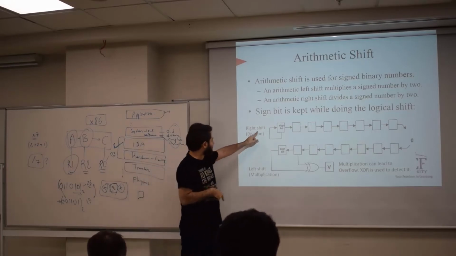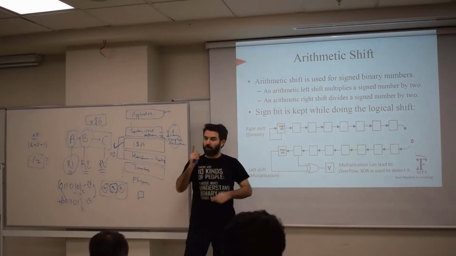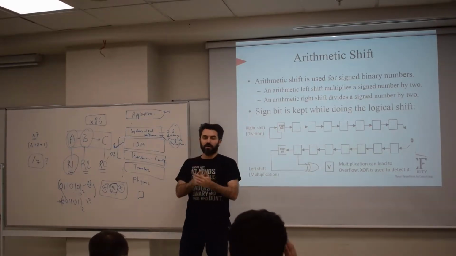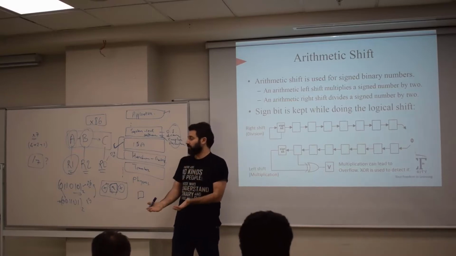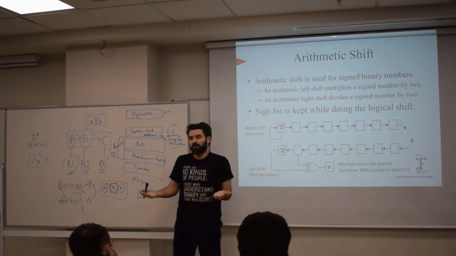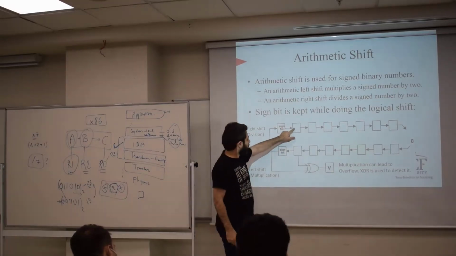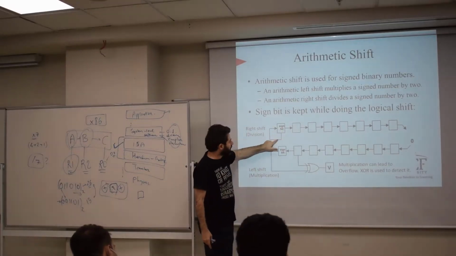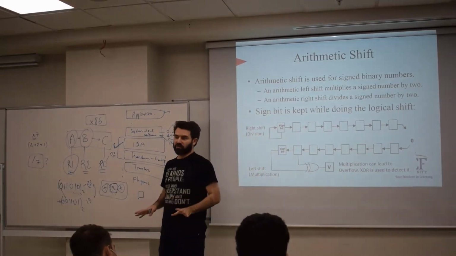That's why we have this sign bit feeding onto itself. Because that 1 needs to be there. If it's a positive number, it's a 0 in the most significant bit. Then if you divide it by 2, it's going to be 0 anyway. That's why this 0 actually shifts onto it. In other words, that 0 goes here, but you produce another 0 to put on the most significant bit position so that the sign doesn't change.